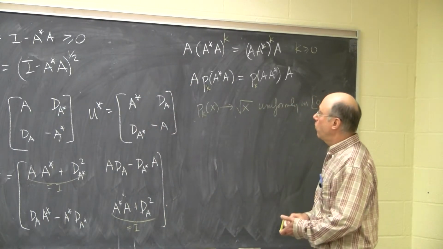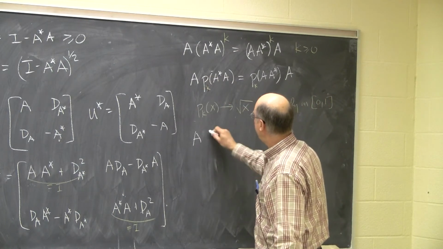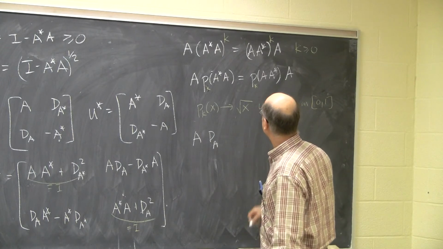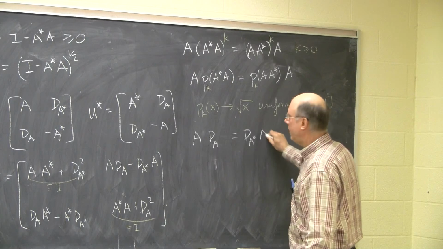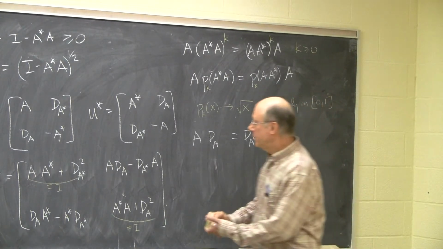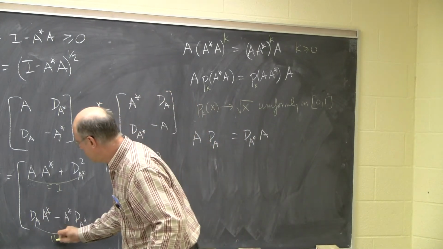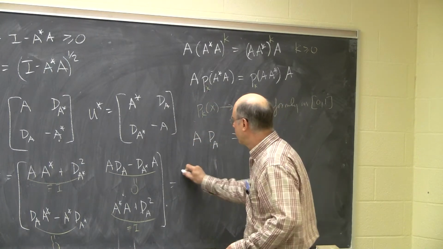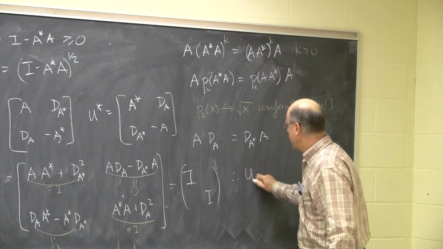And when I take such a limit, the left-hand side converges to A D_A, and the right-hand side converges to D_A star A. So this is 0. And this is also 0 because it's the adjoint of that. So this is the identity. So therefore U is unitary.